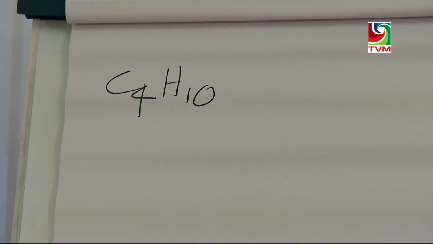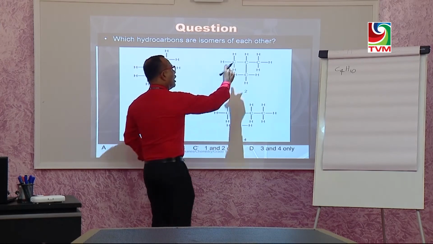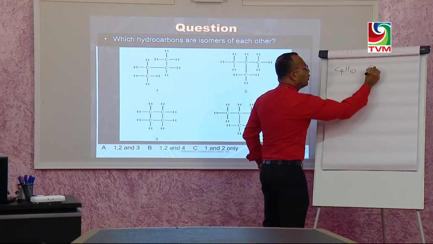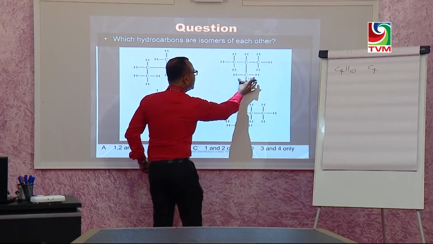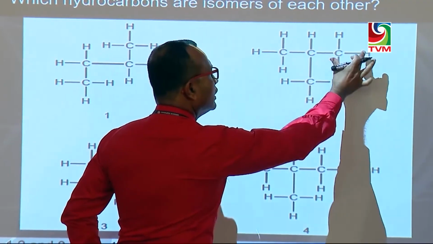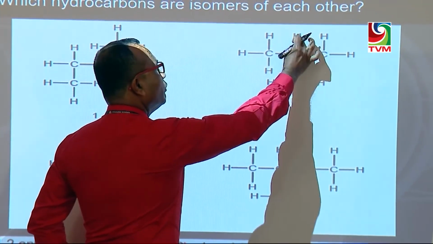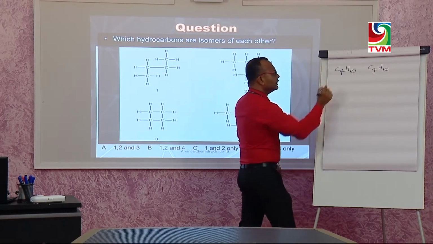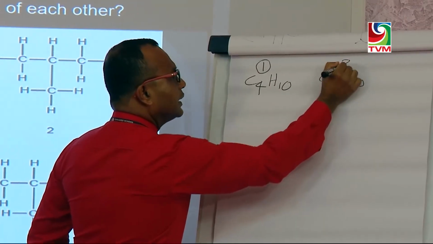Then I go to the second one, carbon 1, 2, 3, 4, 4 carbon, C4, hydrogen, you see here 3, here 3, here 3, total 9, here 1, so total 10. So, C4H10. This is the first one, this is the second one.